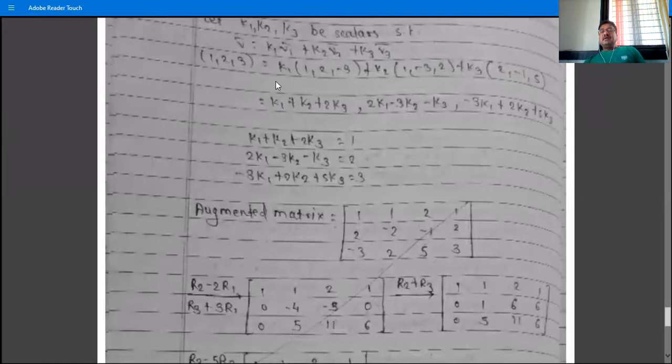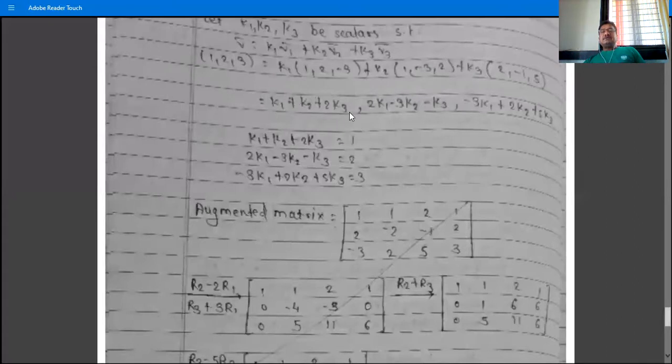So we have (k1 + k2 + 2k3, 2k1 - 3k2 - k3, -3k1 + 2k2 + 5k3), and then compare the LHS and RHS here.